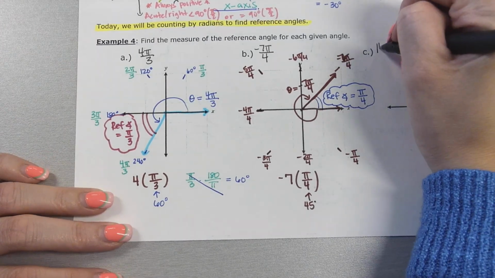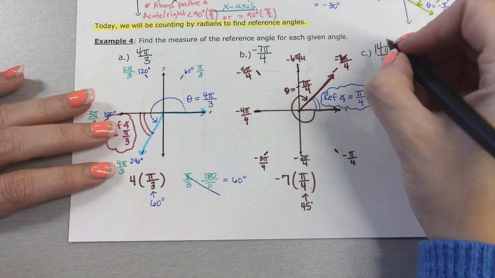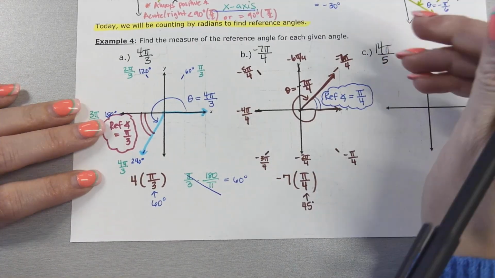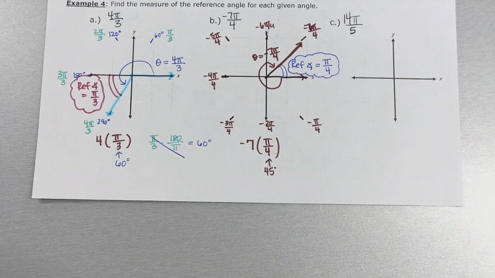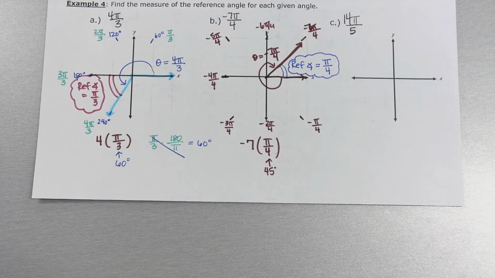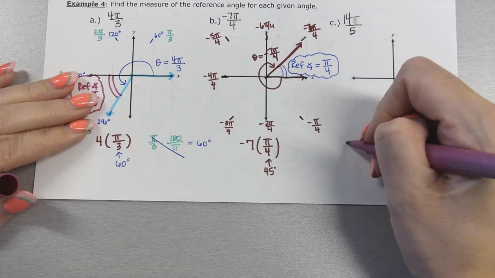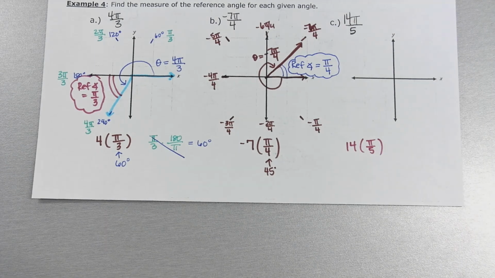Now the last one we're going to do is 14 pi over 5. So again, we're going to start with this split, right? We're going to do 14 times pi over 5, because pi over 5 is easier to convert.